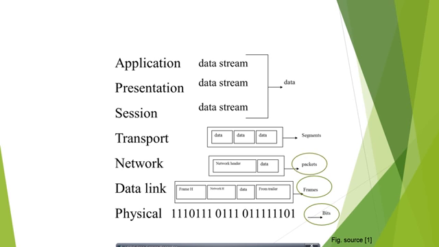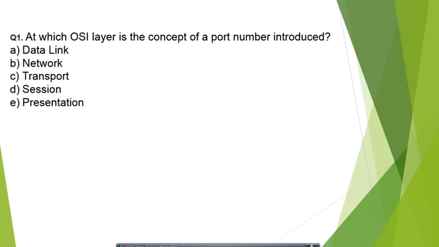If we move to the next layer, the data link layer, the data received from the network layer is divided in the form of frames. So data in this layer is known as frames. Now we move to the network layer. Here data received from the transport layer is called packets.